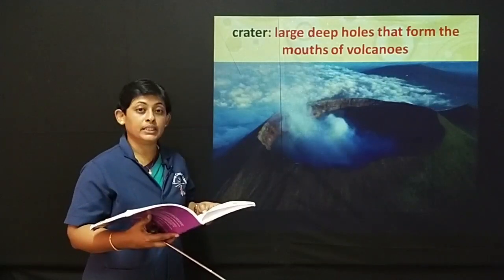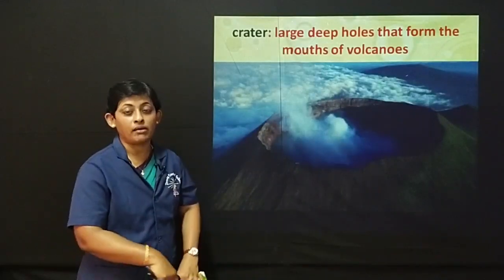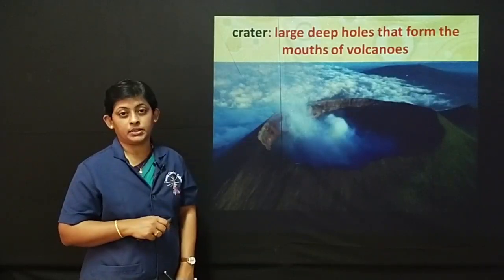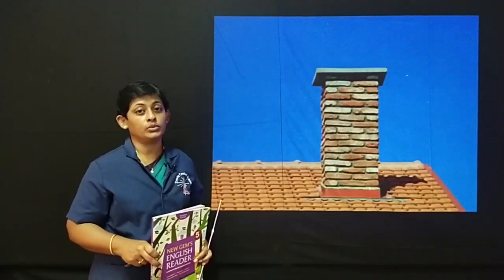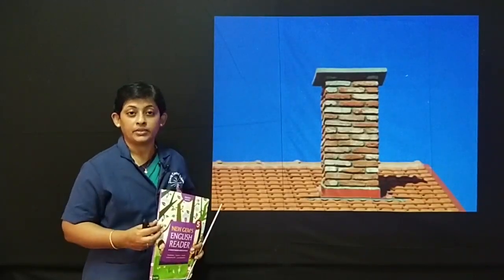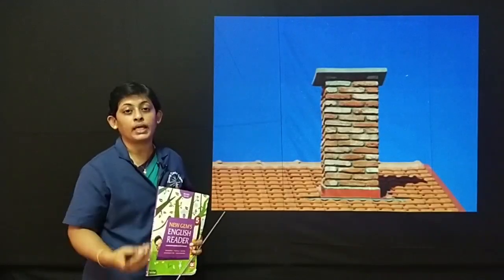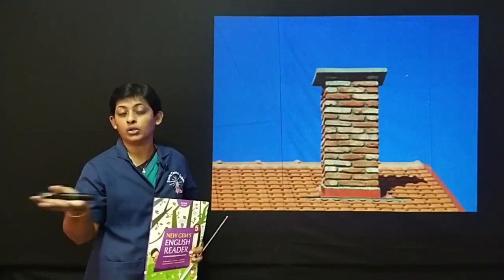I approached the middle chimney. What do you mean by chimney? Do you have a chimney in your home? In modern homes, we do not keep a chimney. This is the picture of a chimney. You must have seen it in many homes in and around your place, making a fire out of wood. So all the smoke has to travel in one direction, otherwise it will spread all over the room.